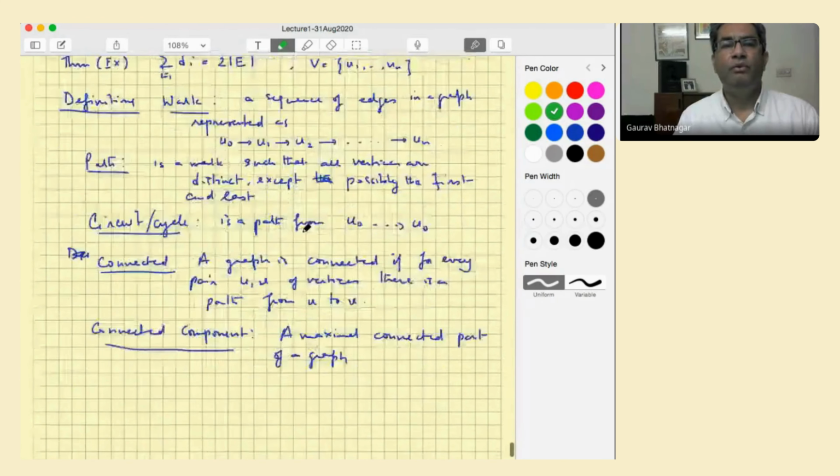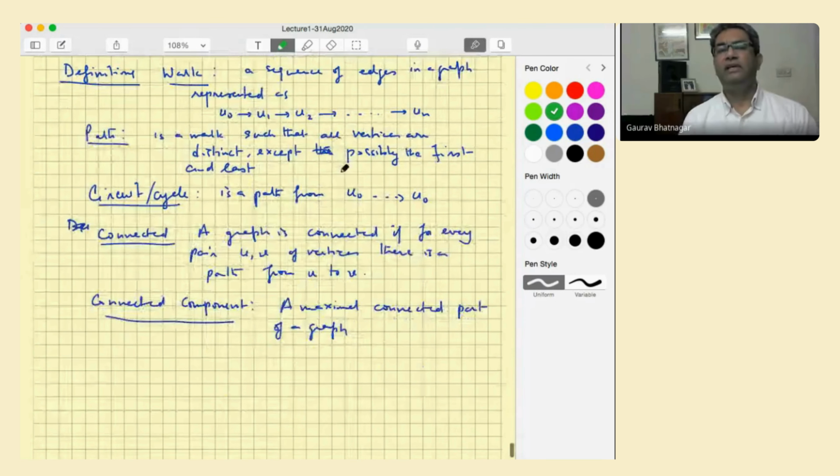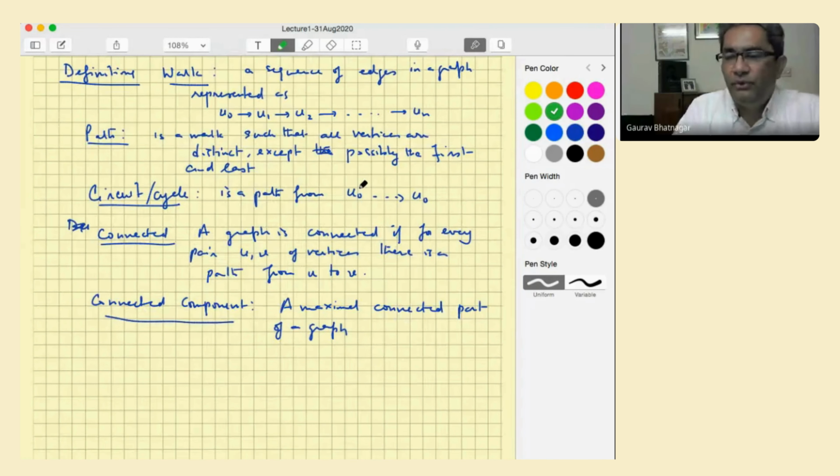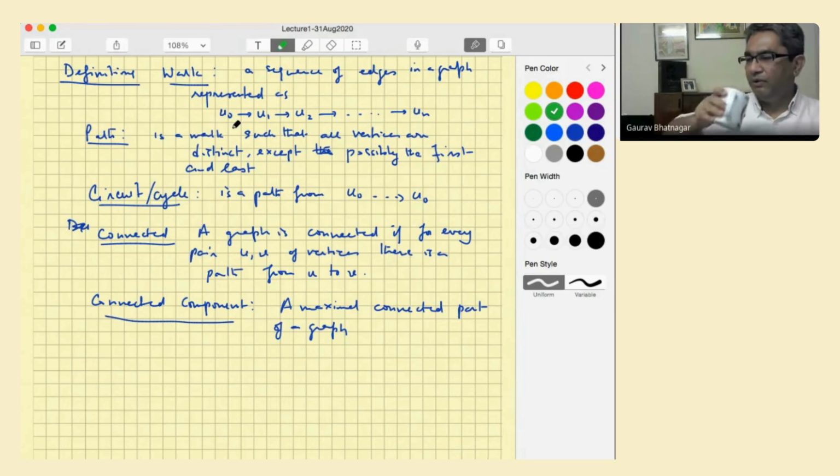So they're trying to avoid that in a path, so all vertices are distinct. Walk is something more like a random walk, so you can allow repeated entries and so on. So that's a different object that we want to study.